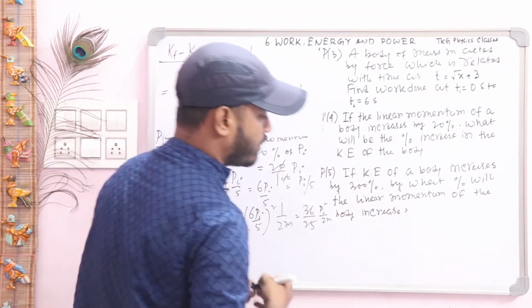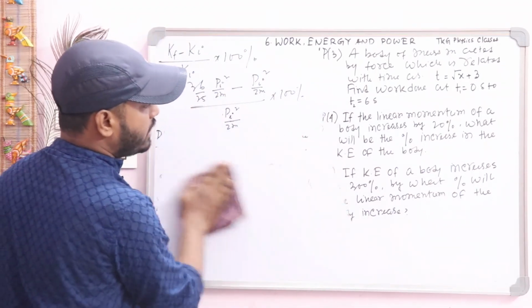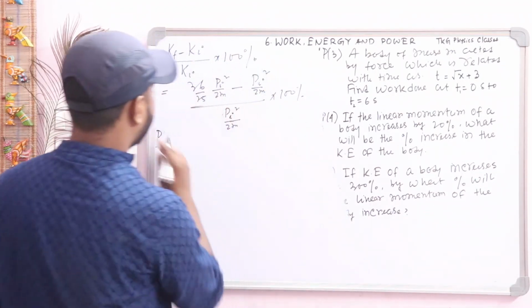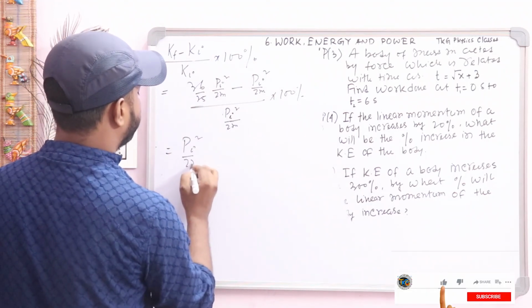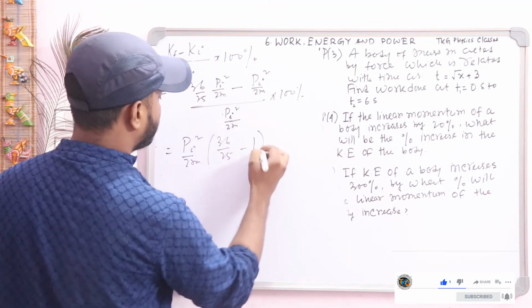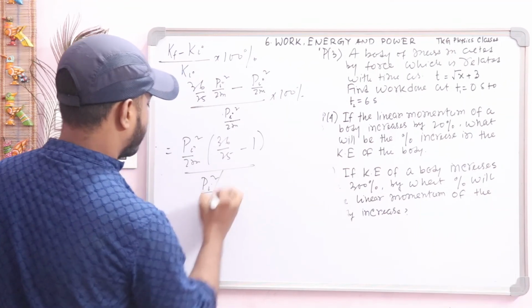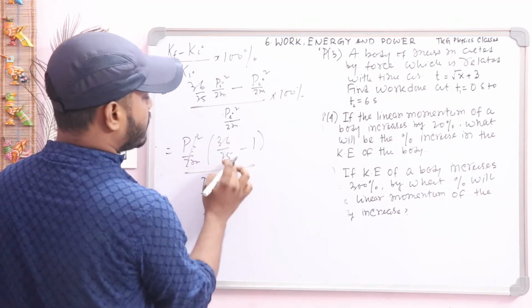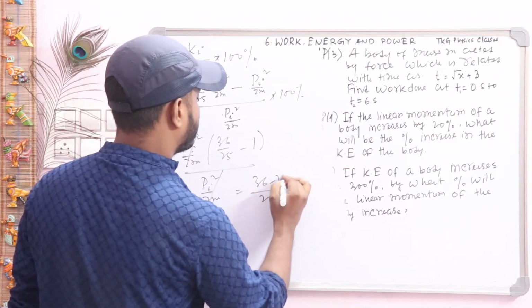Now solve this one. Okay, so you see in upper side this one will be common, that is Pi square by 2m. So this one is 36 by 25 minus 1, divided by Pi square by 2m. This value is cancelled out. 36 by 25 minus 1, this is 25, 36 minus 25.